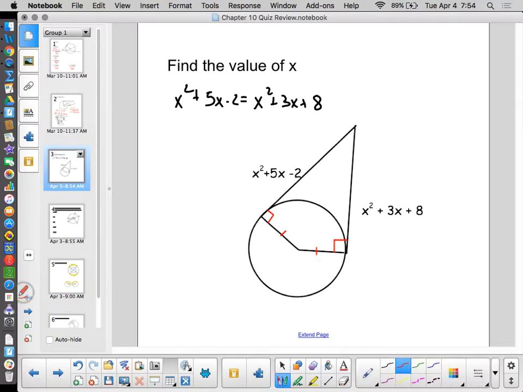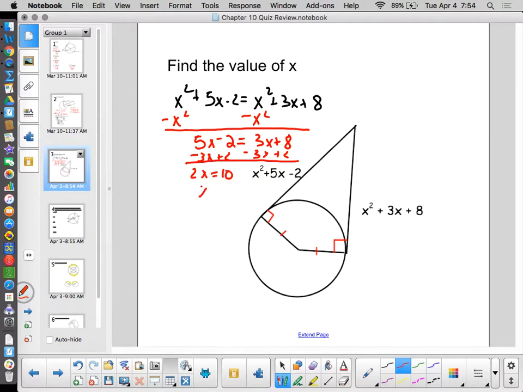And again, because of the way things set up nicely, I subtract x squared from both sides, it completely cancels. I'm left with 5x minus 2 equals 3x plus 8. And that's the linear equation, so that's easy to solve. And I get 2x equals 10, so x is 5.